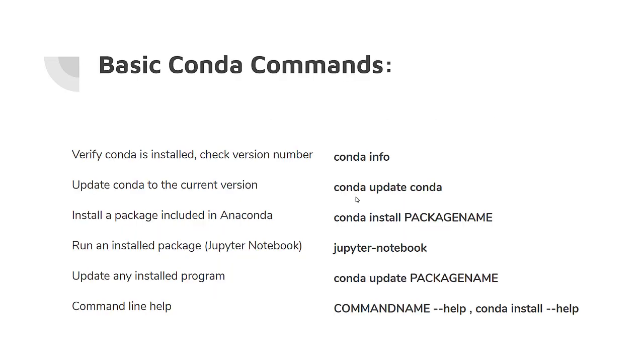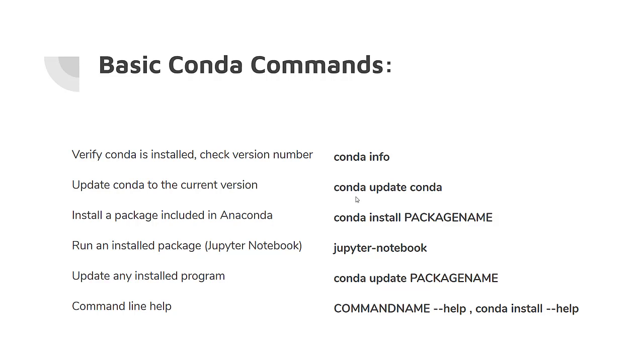We have some basic commands which we can use. So to see the version of the Conda, we can type a command called conda info. To update Conda to the current version, we need to type a command called conda update conda. And if we want to install any package in Anaconda, we need to type a command conda install and then the package name.